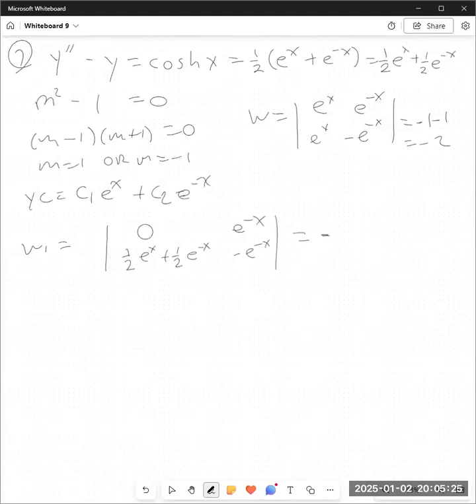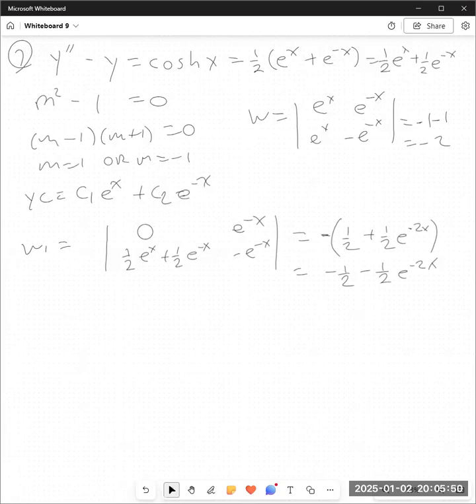This is going to be a negative of 1/2 plus 1/2 e to the negative 2x. That is a -1/2 minus 1/2 e to the negative 2x.